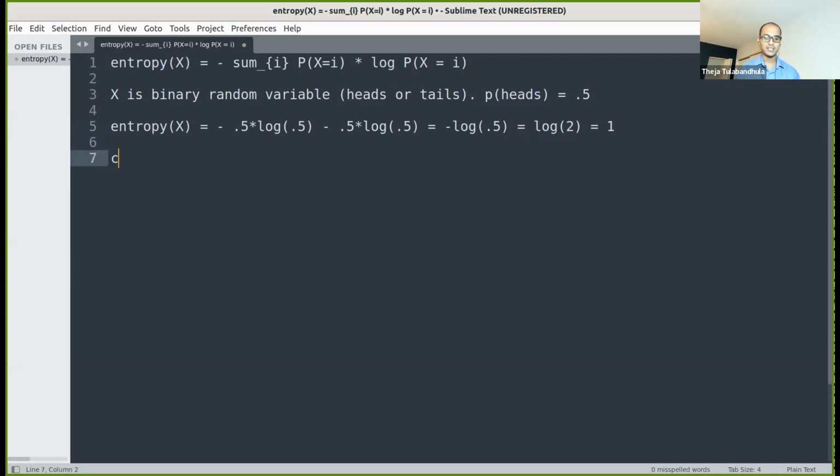Now let's talk about cross entropy. The reason it's called cross entropy is that it almost looks like entropy, but it's between the ground truth label versus what we are predicting, the predicted probabilities.